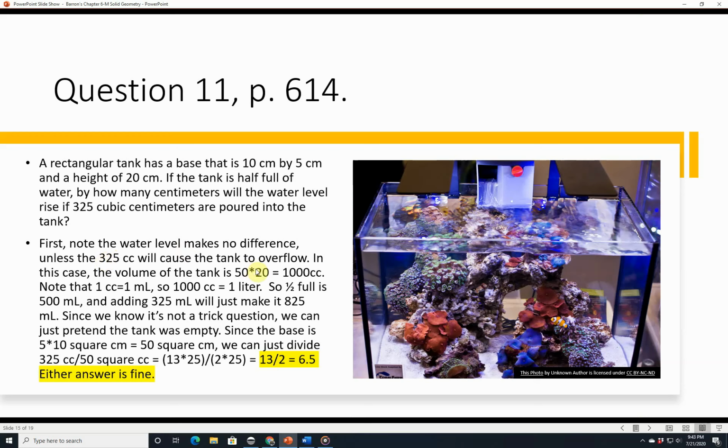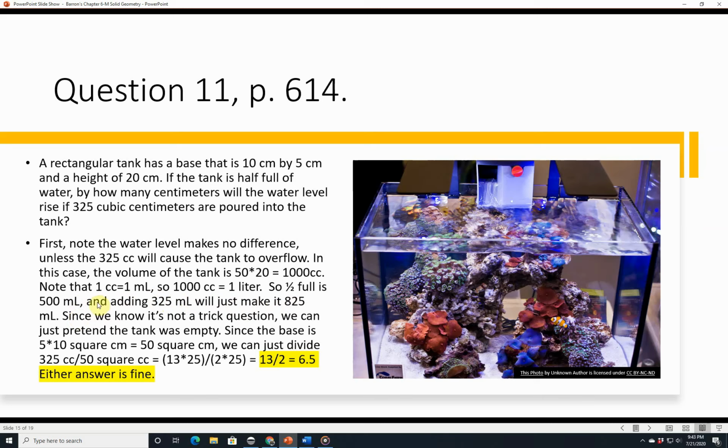In this case, the volume of the tank is pretty easy to figure out. It's 10 times 5 times 20, so that just becomes 50 times 20, which is 1,000 cubic centimeters. Notice that 1 cubic centimeter is equal to 1 milliliter, so 1,000 cubic centimeters is 1 liter. So half full is 500 milliliters, and adding 325 milliliters will make it 825 milliliters.